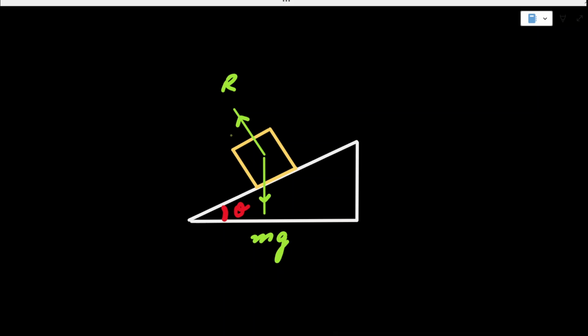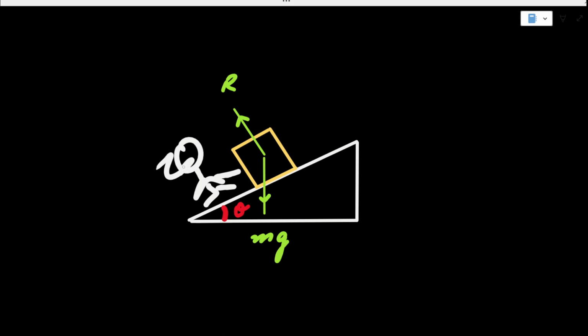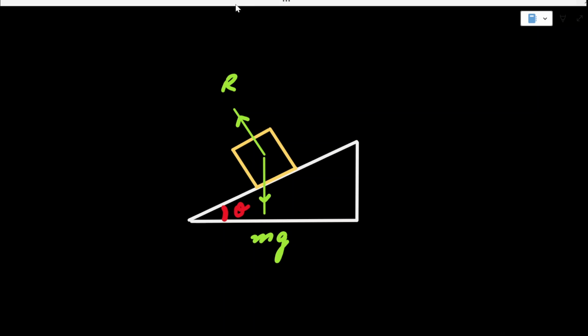Okay, up next, let's say the block is now pushed forward up the slope. So someone is standing here, he is pushing the block up the slope. So the direction of the driving force is up the slope.